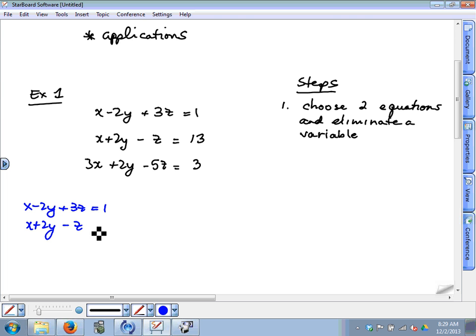X plus 2y. And try to avoid doing steps and math in your head for these. You're going to end up making mistakes. So write everything down. The y variable eliminates, and you're left with 2x plus 2z is equal to 14. That's step one. We've gone from 3 variables down to an equation with 2 variables, x and z.